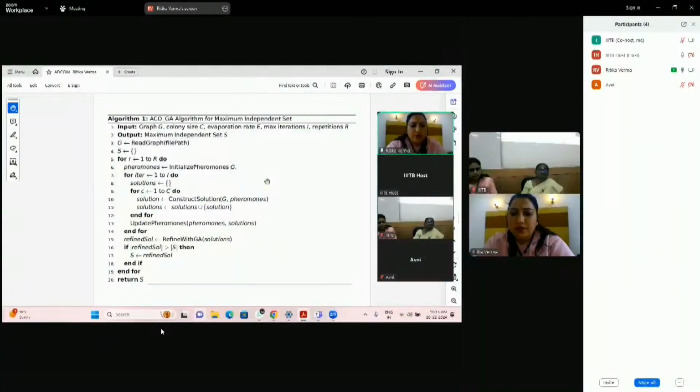Then I am using the GA algorithm. The GA algorithm is used for convergence, because in ACO sometimes ants follow the same path, so it gets stuck in the same path and does not find other paths for finding the maximum independent set.